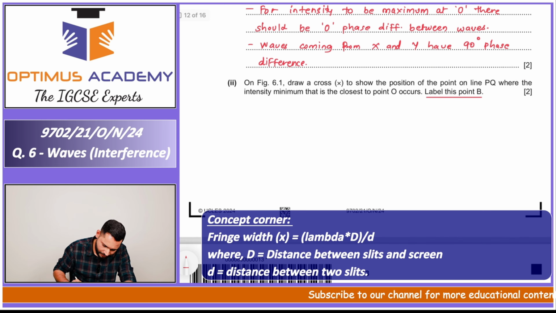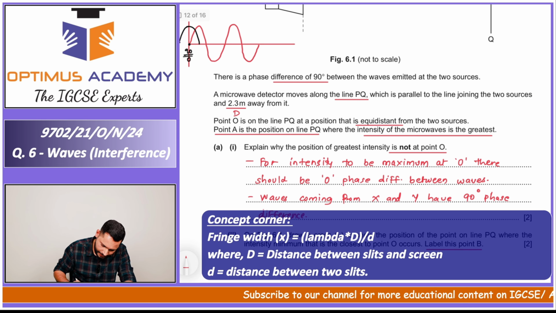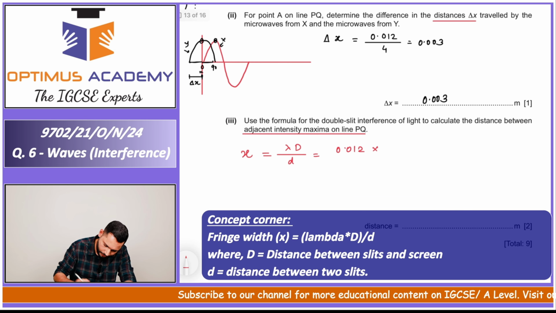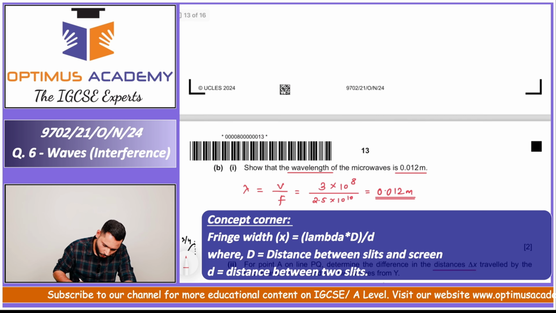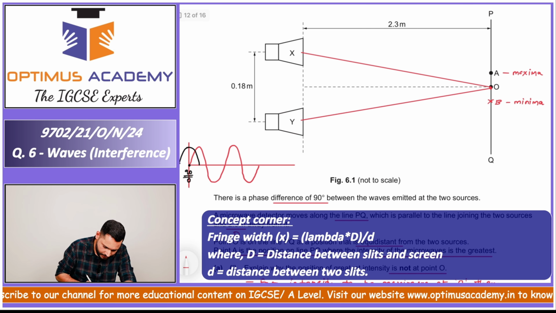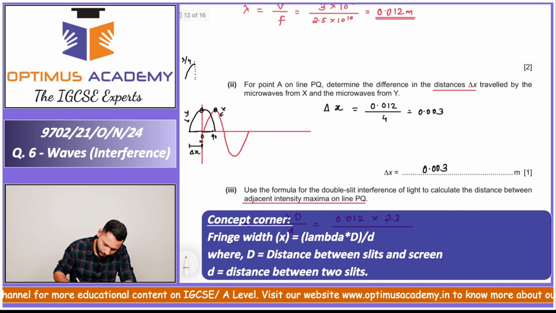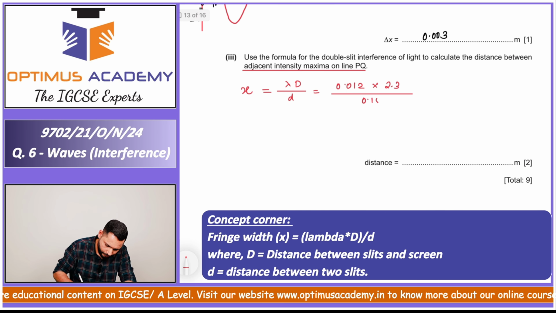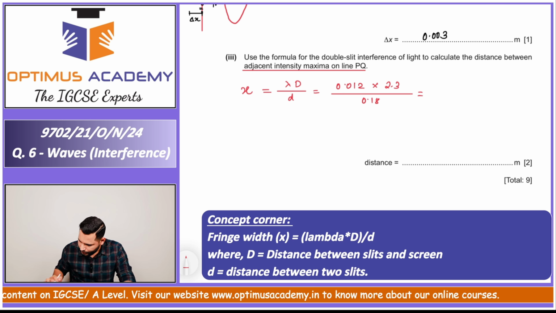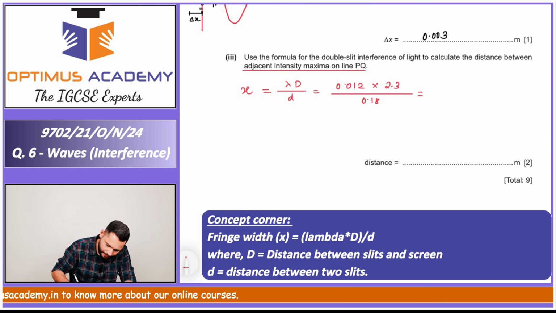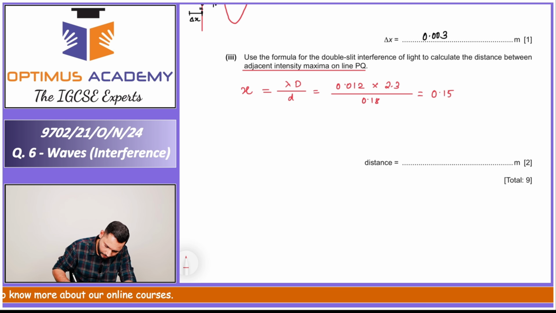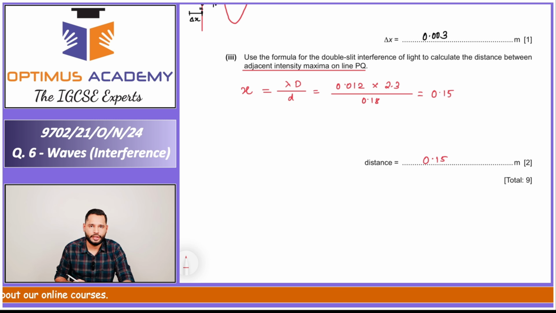D is the distance between the slits and the screen, which is 2.3 meter, divided by the small d, which is the distance between two slits, which is 0.18 meters. Okay, so 0.012 multiplied by 2.3 upon 0.18, and the answer we get is 0.15 meter.